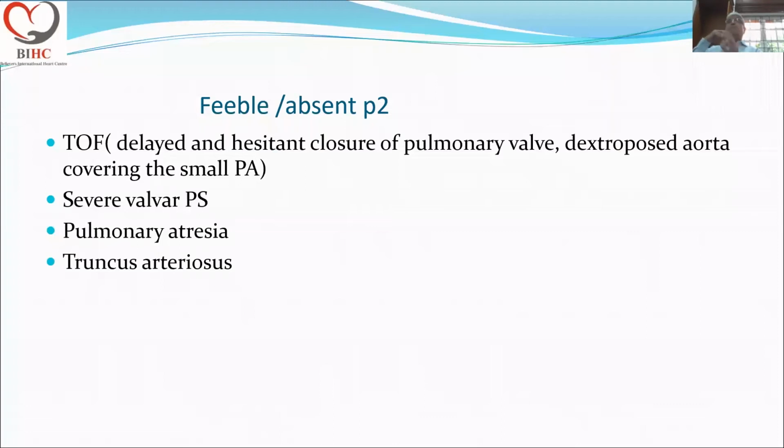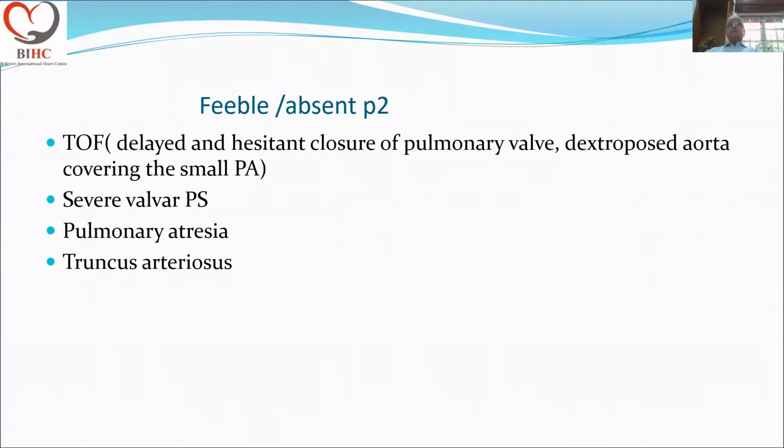For the pulmonary valve to close briskly in response to the drop in RV pressure relative to PA pressure, the pressure in the RV should drop pretty fast. In tetralogy, in the infundibulum, it's a thick fibrosed infundibulum with a low pressure. It's a delayed and hesitant drop in pressure and therefore a delayed and hesitant closure of the pulmonary valve.